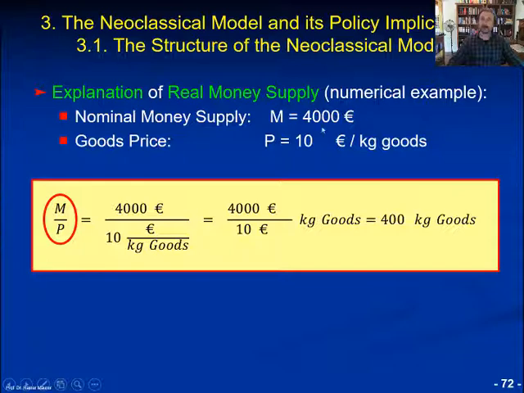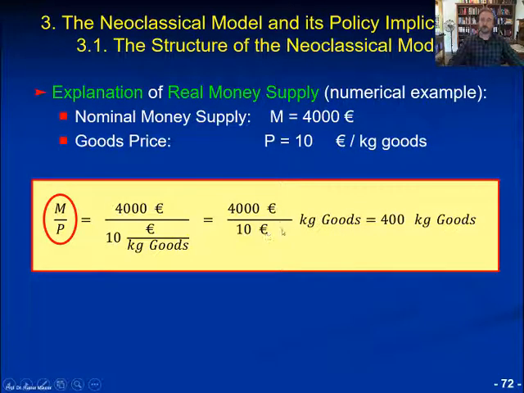If you fill in the numbers, 4,000 euro nominal money supply, and for the price level 10 euro per kilogram of goods, we can rewrite this fraction in this way. We have 4,000 euro over 10 euro, and this is multiplied with the dimension kilogram goods.